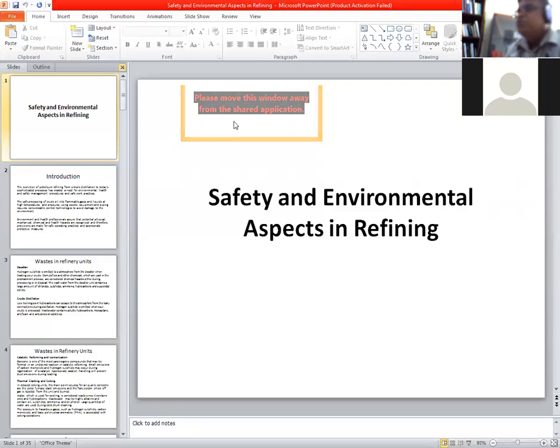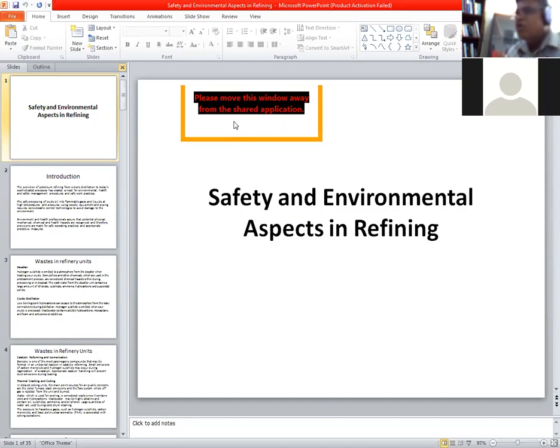So we have to know what the safety and environmental issues are, because the petroleum refinery is one of the major sources of polluting the environment.